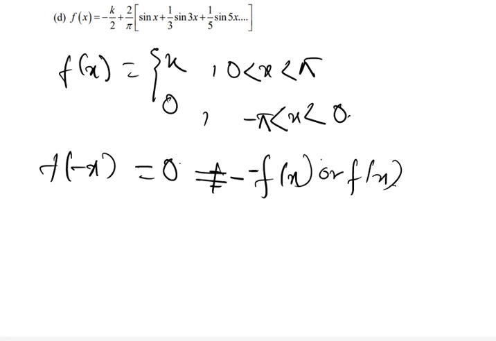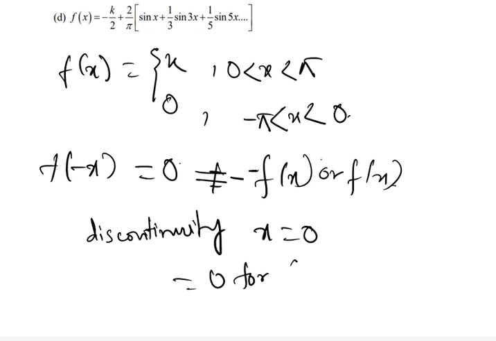So both the sine and the cosine terms may exist in general, but as per observation, the function has a discontinuity at x equal to 0. It is k for x greater than 0 and 0 for x less than 0.